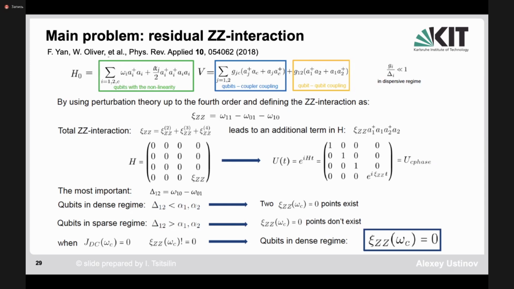These are not the errors due to the loss of information in qubits, due to the coupling to the environment. These are errors which are always there, and they're intrinsic to these quantum systems, which are only approximately two-level systems. And therefore, for a long time, it was really a difficult problem to compensate for this ZZ coupling, but more recently, people learned how to do it, but nevertheless, it's not simple.